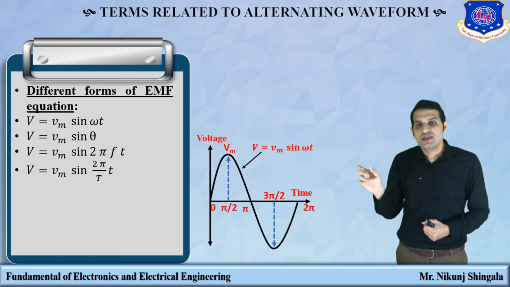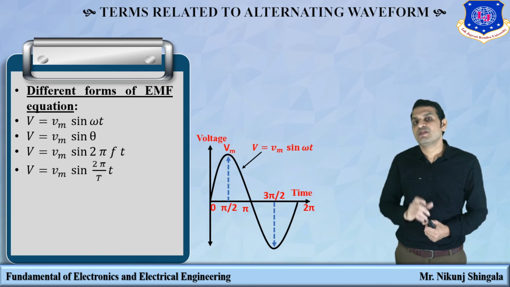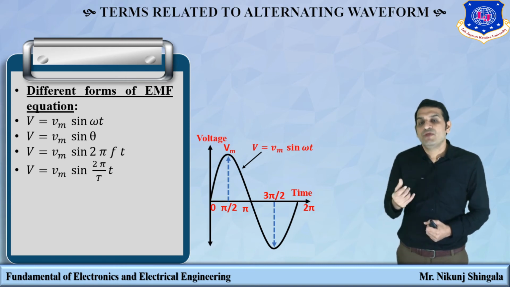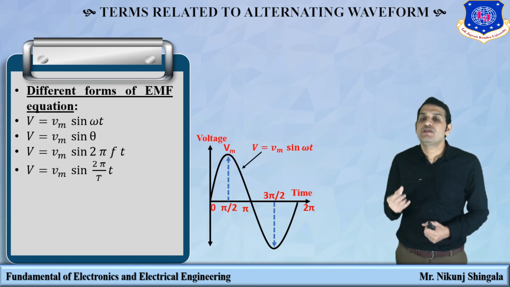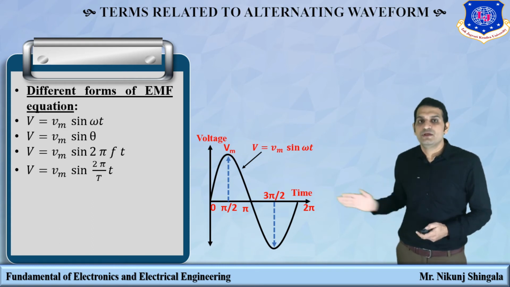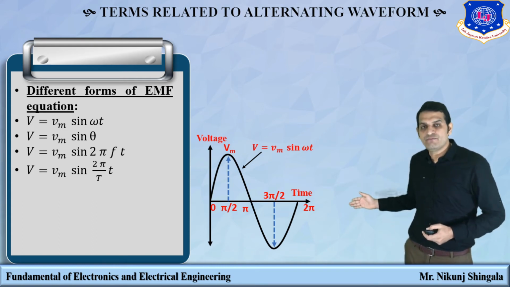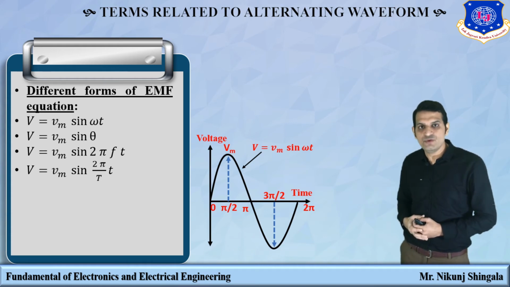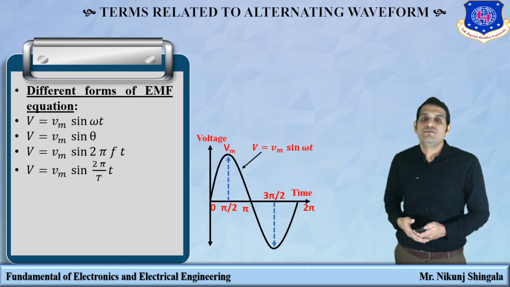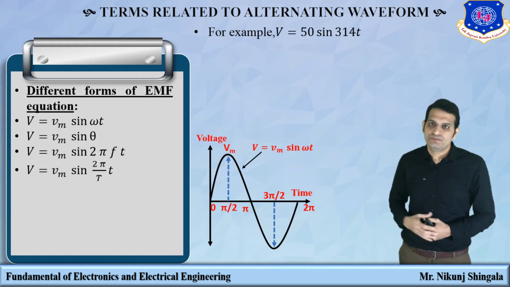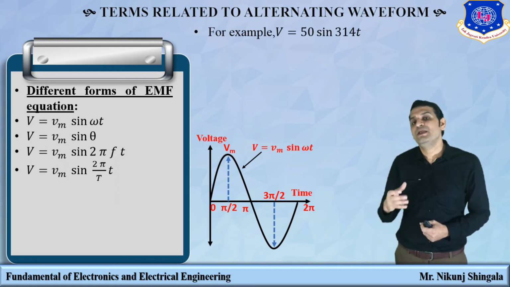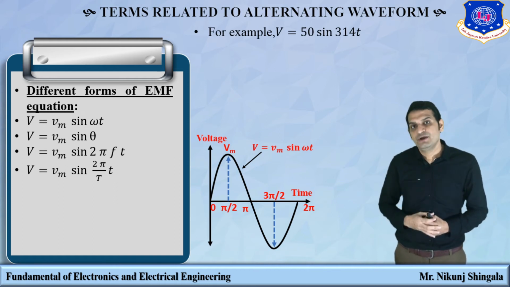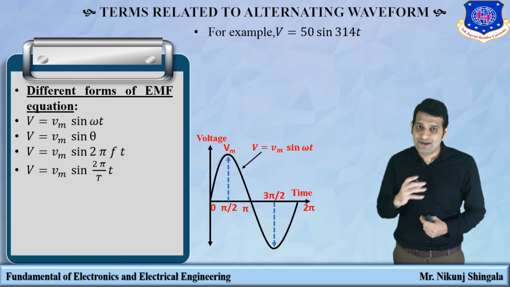In the given equation V is equal to Vm sin omega t, what is the amplitude? Amplitude is the coefficient of sine of angle. Suppose this is the waveform of V is equal to Vm sin omega t. Now if one example is given to you, in this example you have been asked to find the amplitude and frequency.